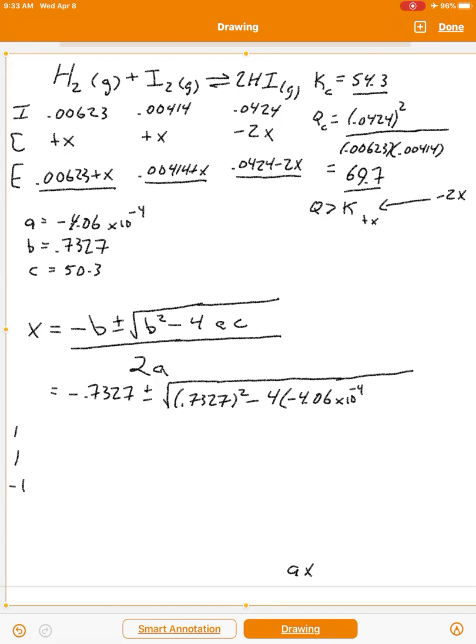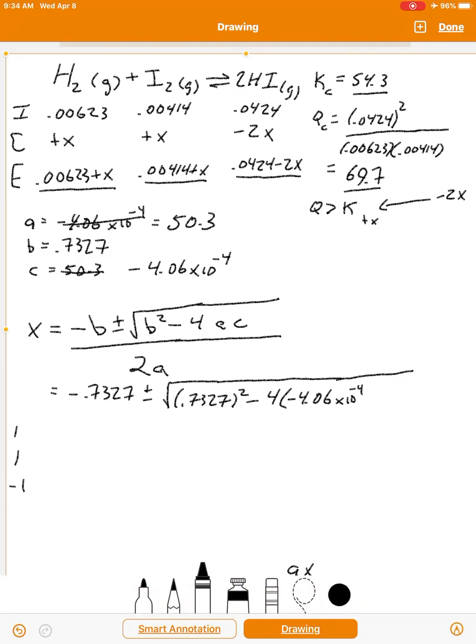Oops, sorry. I think I have this reversed. This is actually 50.3. And this one is minus 4.06 times 10 to the minus 4. Sorry about that. Okay.